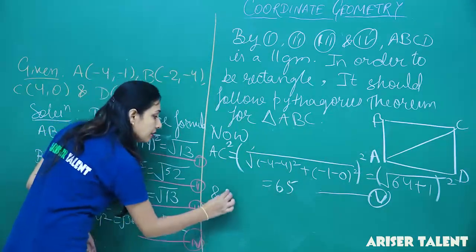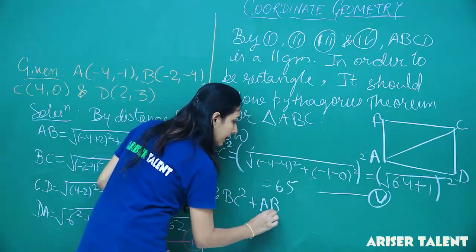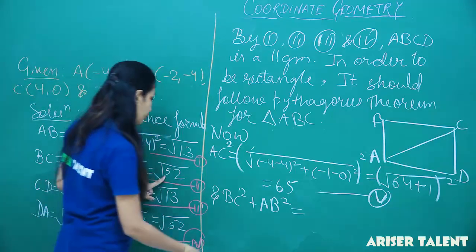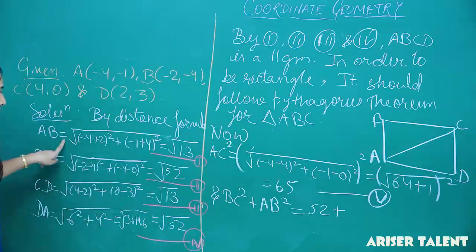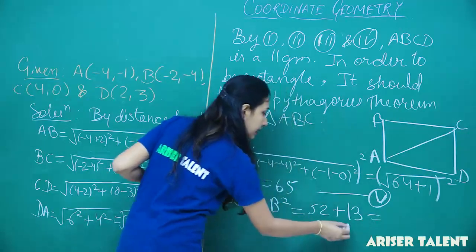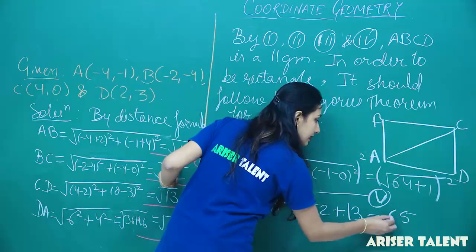and BC square plus AB square is equals to, now you have the value of BC is equals to root 52, so this is 52, and AB square is what? 13, so root 13 is 13 here, 3, 4, 5, that is 5, and 3, 5 and 1, 6.